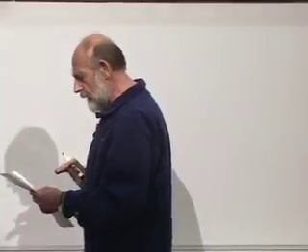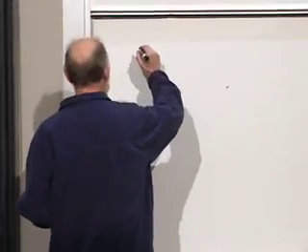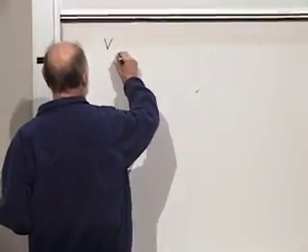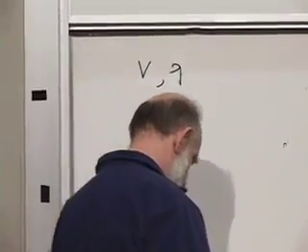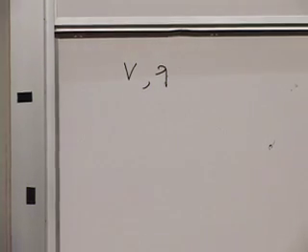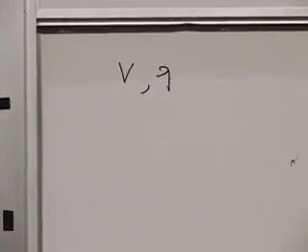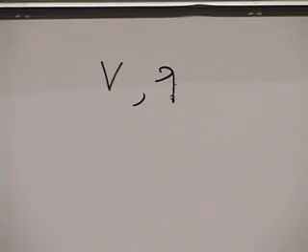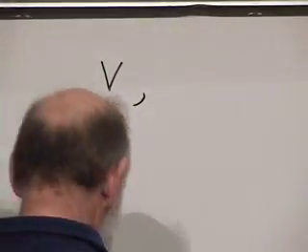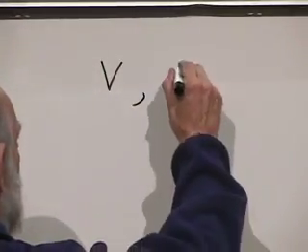All right, so there are two variables, V and P. But they're not independent variables.